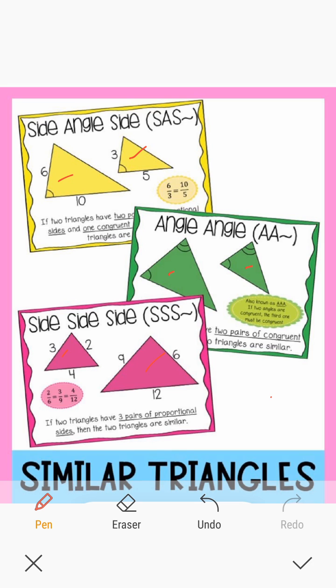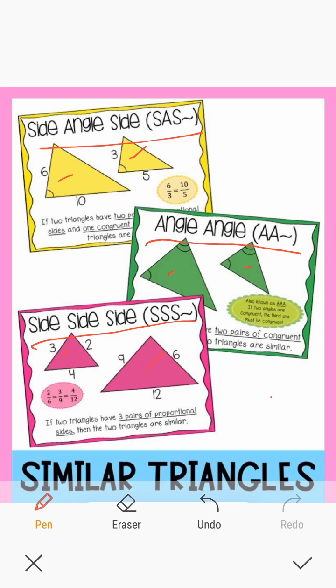So as in the case of congruent triangles, similar triangles also have some similarity criteria. The first similarity criterion is the AA similarity criterion, or it can also be known as the AAA similarity criterion. We will be explaining that. And the second one is the SSS similarity criterion and the SAS similarity criterion.